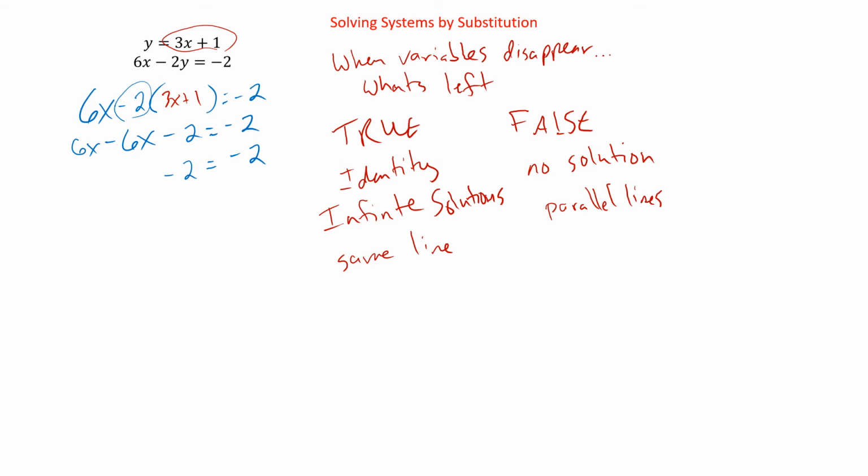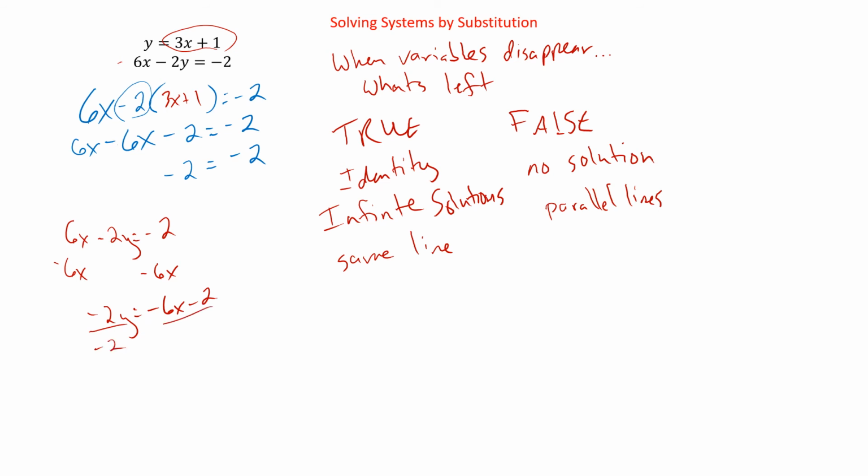So if we graphed these two, we'd see they were the same. If we took this bottom one, the 6x minus 2y equals negative 2, and put it in slope-intercept form, that'd be minus 6x, minus 6x. So we have negative 2y equals negative 6x minus 2.